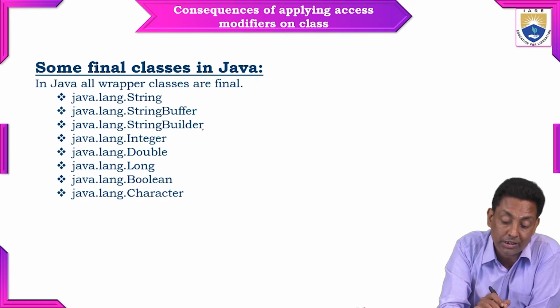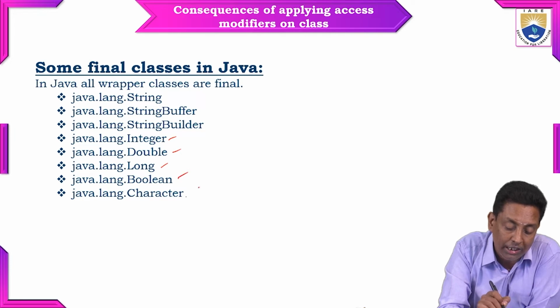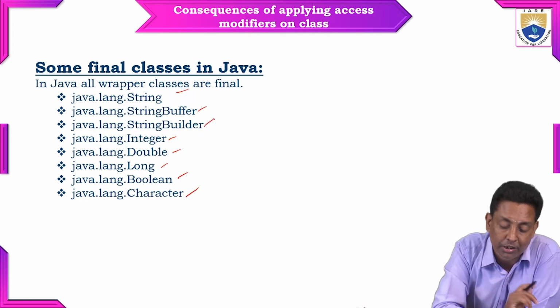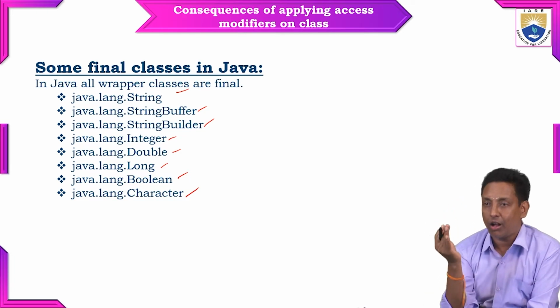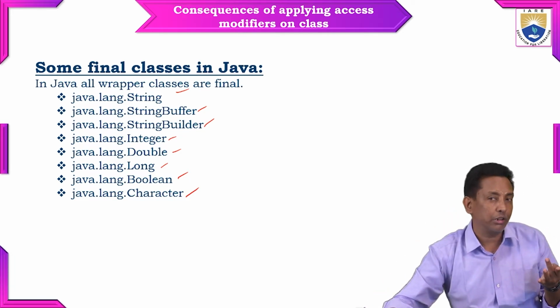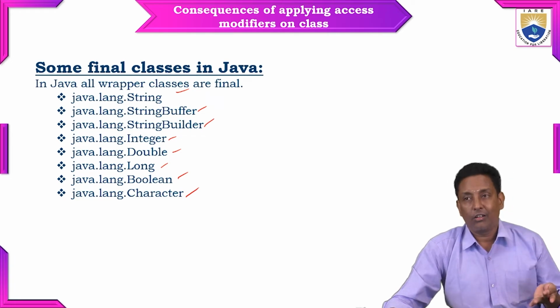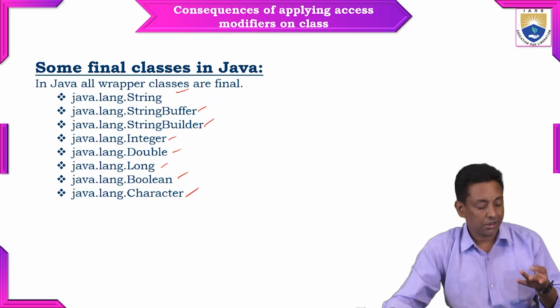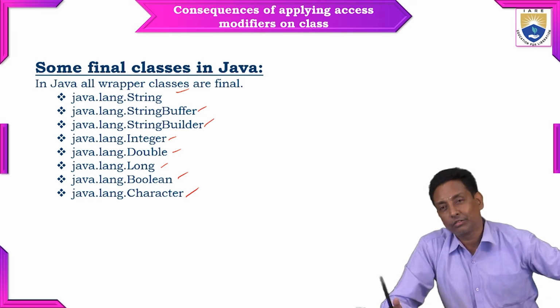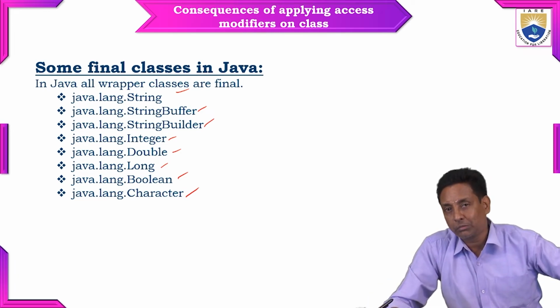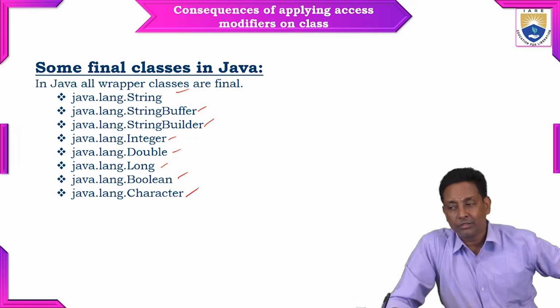For example: byte, short, integer, long, float, double, boolean, character, String, StringBuffer, StringBuilder. There are 8 wrapper classes: byte, short, integer, long, float, double, character, boolean, and other classes: String, StringBuffer, StringBuilder. All wrapper classes are final classes.